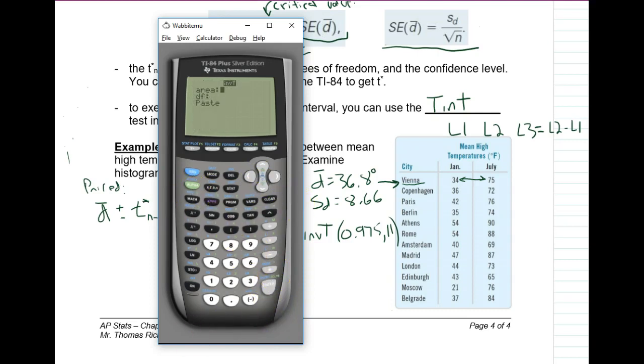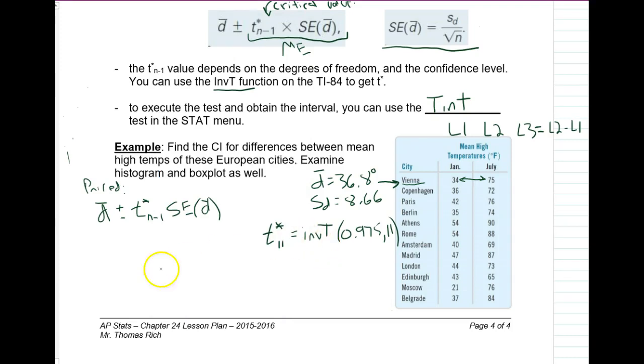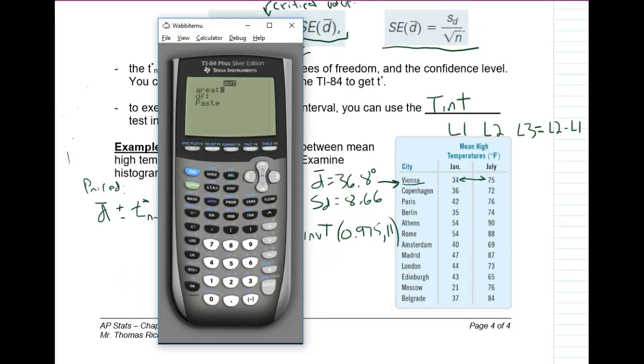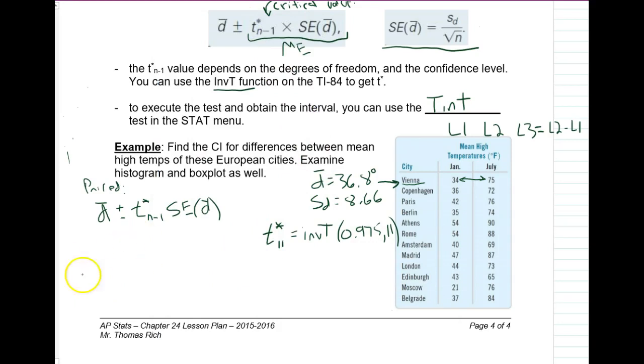Oh, sorry about that. All right, so the area will be 0.975. Degrees of freedom is 11. Paste it in. What do we get? 2.2.